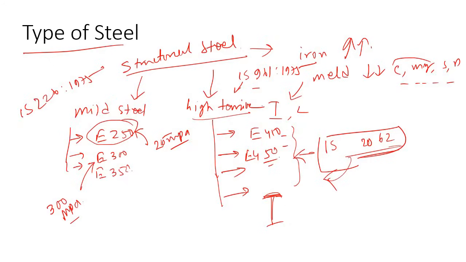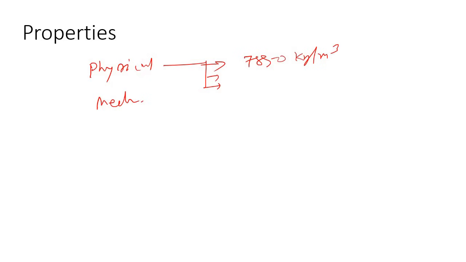Now come to the properties of steel. Basically steel has two types of properties. First one is physical, second one is mechanical. So what are the criteria that come under the physical properties? Yes, density, that is 7850 kg per meter cube. Modulus of elasticity, that is 2 into 10 to the power 5 Newton per mm square. Also the Poisson ratio comes under physical properties.